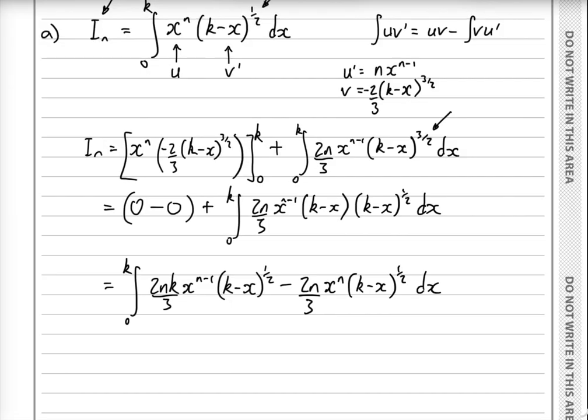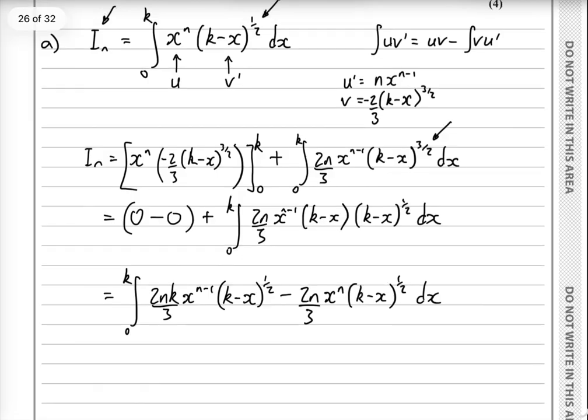Now this is looking pretty good because we've got the format of the original I_n on both of these terms. So this first term is 2nk over 3 lots of I_(n minus 1), and the second term is 2n over 3 lots of I_n, and this equals I_n.